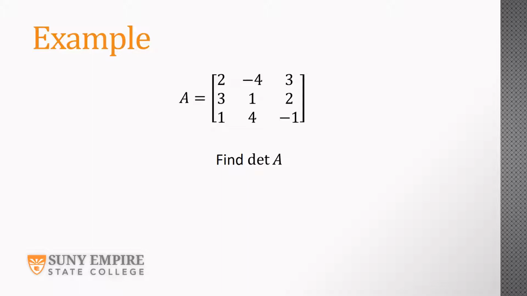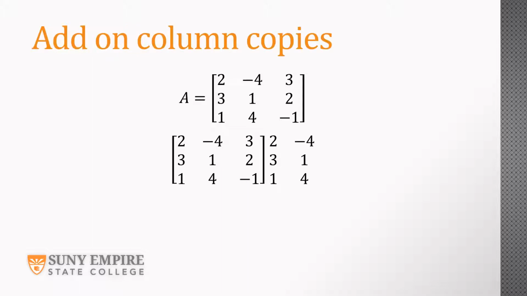Suppose we have matrix A equal to 2, -4, and 3, then 3, 1, and 2, then 1, 4, and -1. We want to use the shortcut to find the determinant of matrix A. First, we add on extra copies of the first 2 columns.